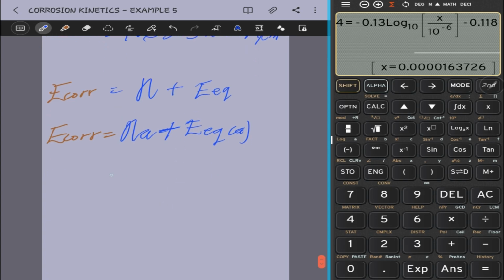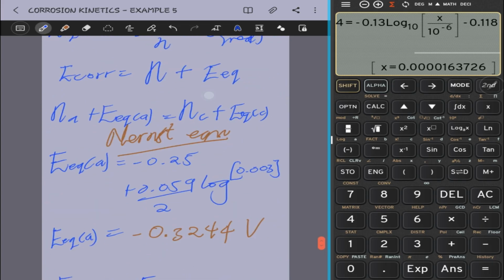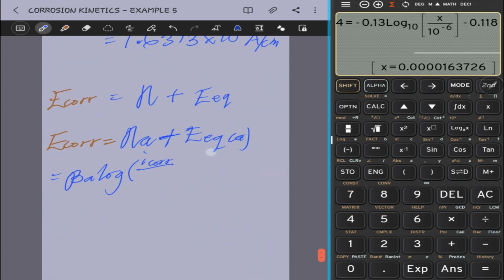So here we have a Tafel constant, and we have log, and then we have i_corr, which is the same as the i_a at the E_corr, when we refer to the diagram.